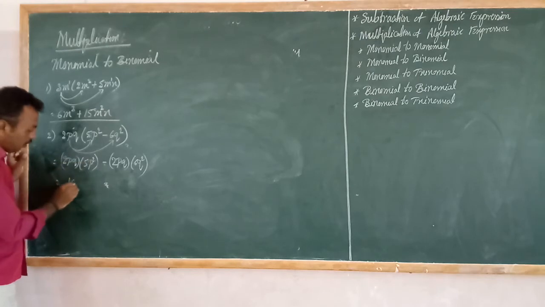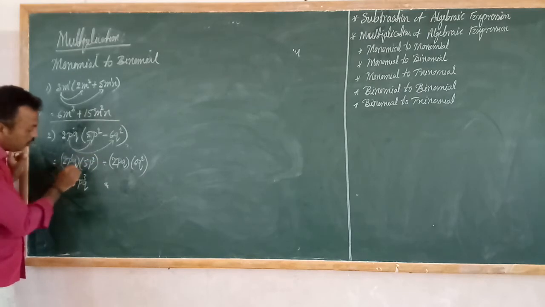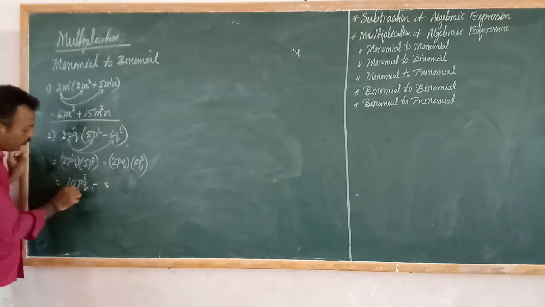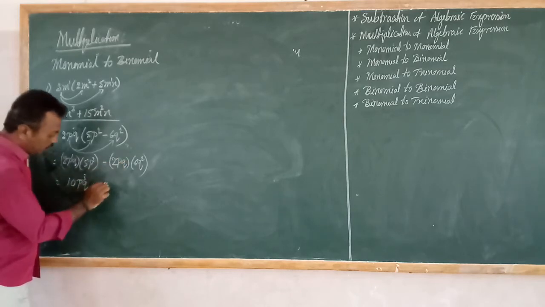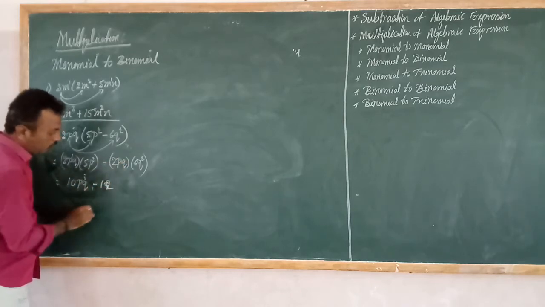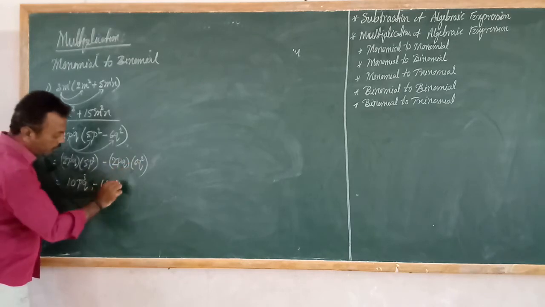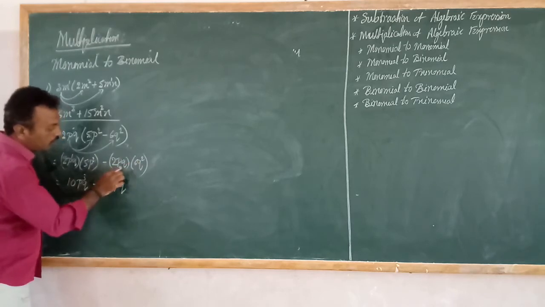2 5s are 10. So p cube, here also p is there, so p cube we have to write. P is 1 time here, 2 times there, 3 times. Q as it is. So therefore 10 p cube q, minus as it is. 2 6s are 12, 12 p cube and q square. So p: here only one term p is there.